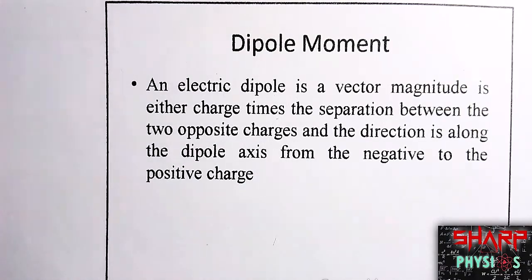The electric dipole moment is a vector whose magnitude is either charge times the separation between the two opposite charges, and the direction is along the dipole axis from the negative to the positive. So we need to find the dipole moment between these two charges.